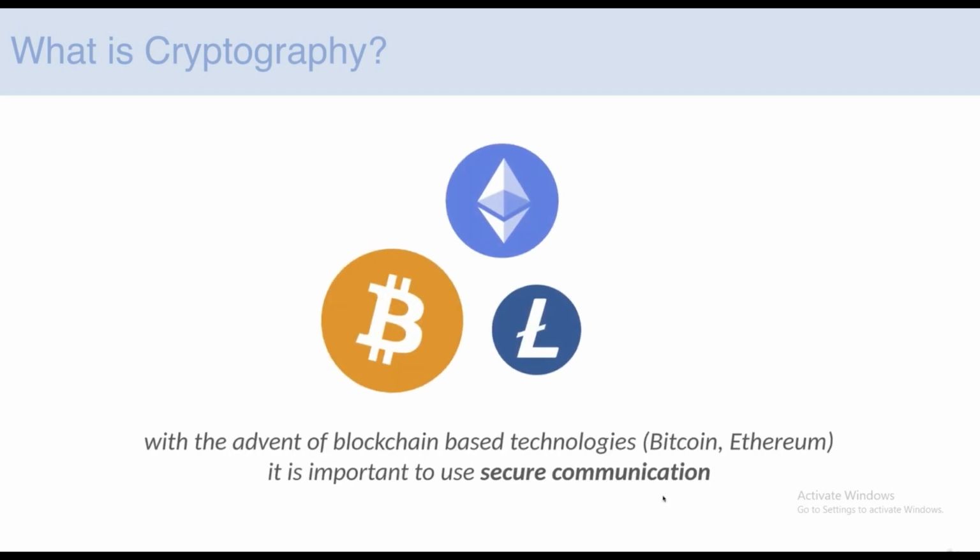And finally, with the advent of blockchain technologies and cryptocurrencies such as Bitcoin, Ethereum, and so on, cryptography is becoming more and more popular. Of course, all the transactions of Bitcoin or Ethereum are encrypted with elliptic curve cryptography in order to make sure that the blockchain is secure.